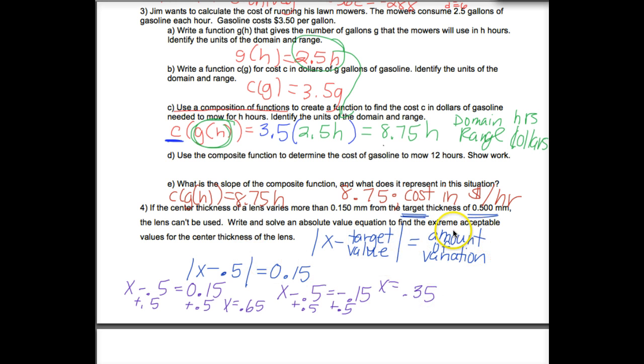So the extreme acceptable values for the center thickness of the lens are between 0.35 millimeters and 0.65 millimeters.